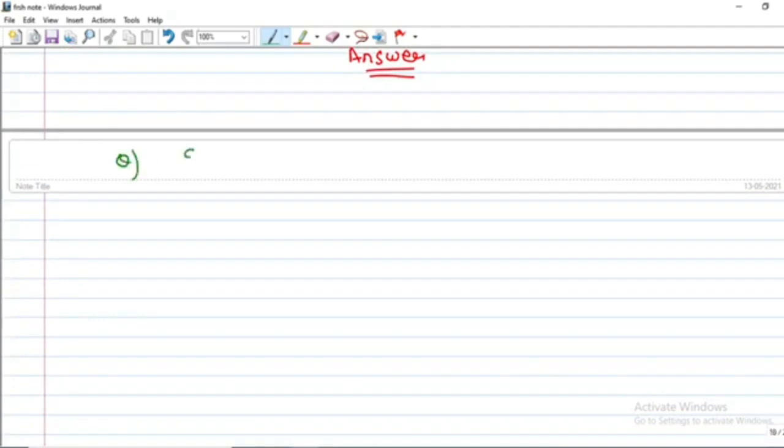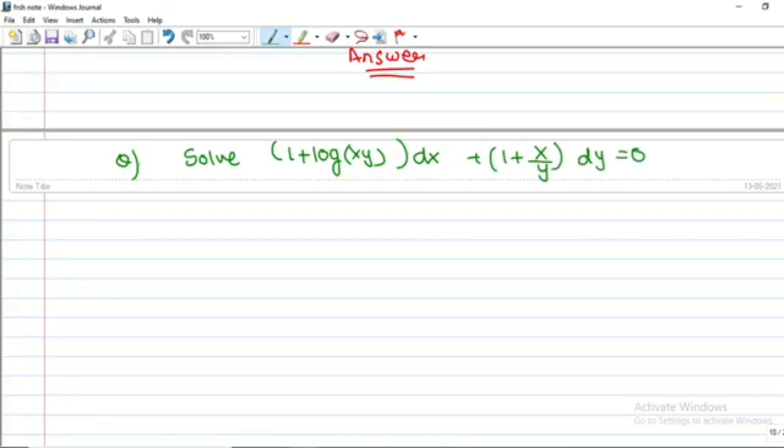So the question which you are going to get is: solve 1 plus log xy into dx plus 1 plus x by y into dy should be equal to 0.